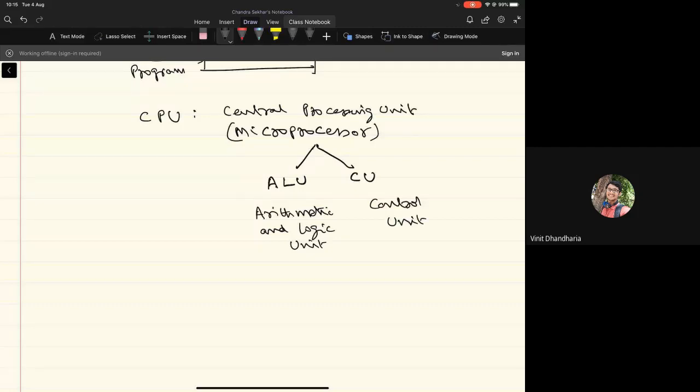The arithmetic and logic unit, as the name itself implies, is designed to carry out all the arithmetic operations and also the logical operations.